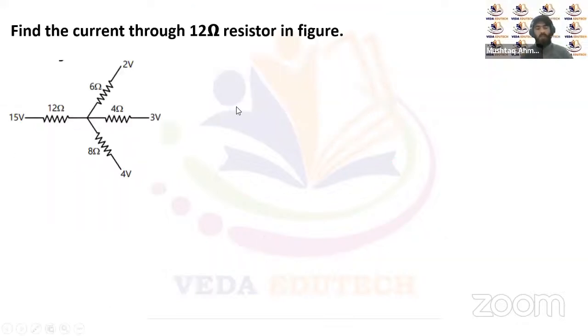So let's try to solve this circuit here. The circuit is very simple. We have four resistors with different potential drops at their ends. The question is that we have to find the current through the 12 ohm resistor.